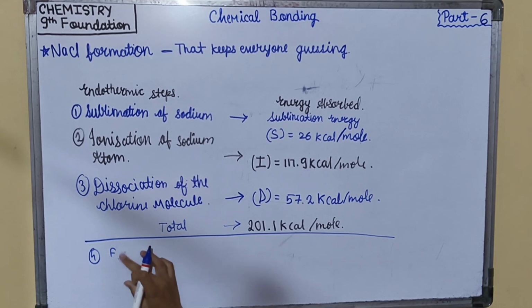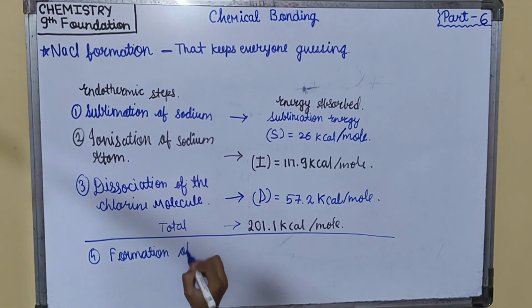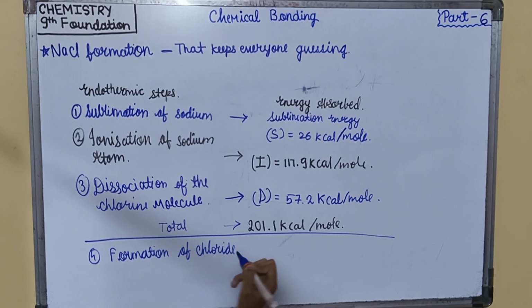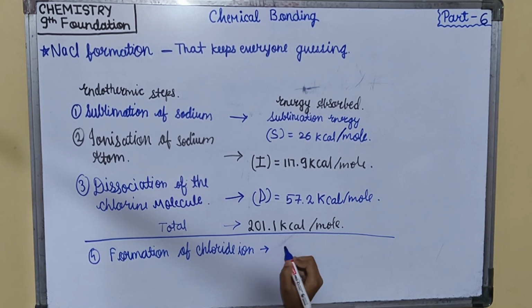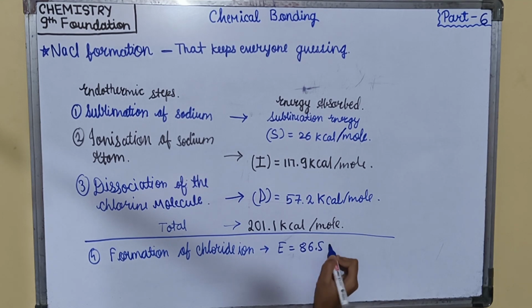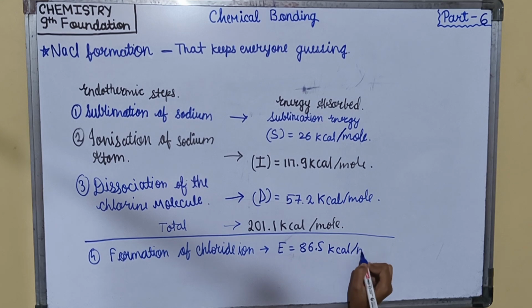For formation of chloride ion, it gives electron affinity E equal to 86.5 kilocalorie per mole.